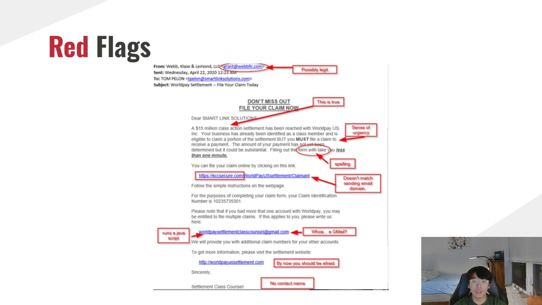This may be true, but if you continue reading on, it says something like, but you must file a claim to receive a payment. Words like must and you should create a sense of urgency, and they're making us click on the link and do something quick, which is a red flag that makes us suspect this might be a phishing scam. It says filling out the form will take you less than 1 minute.